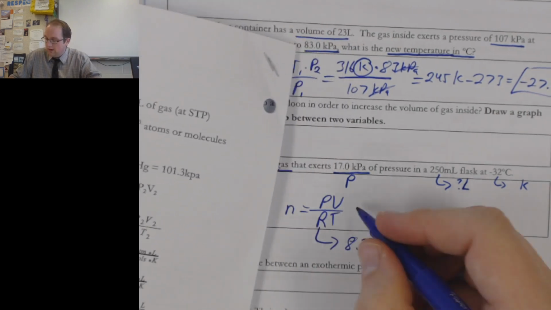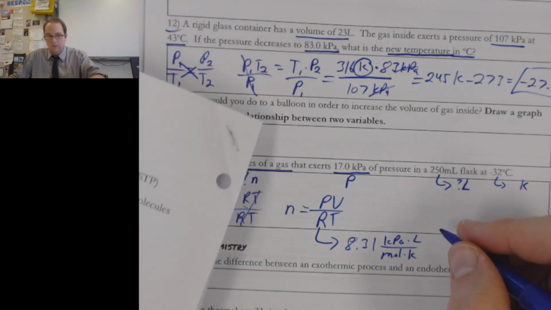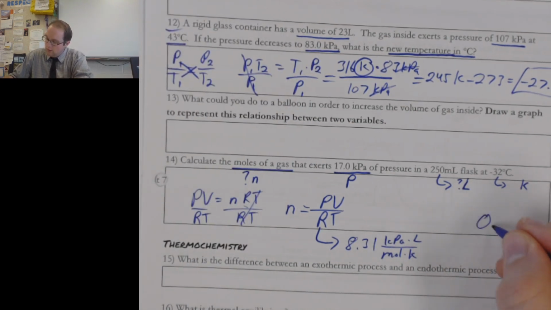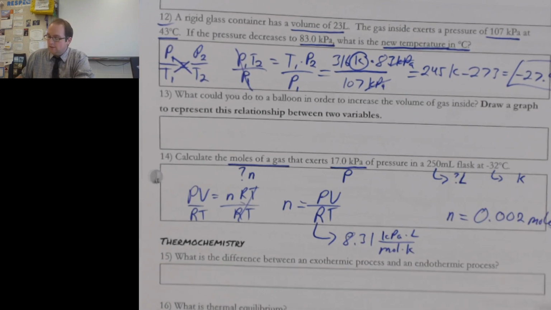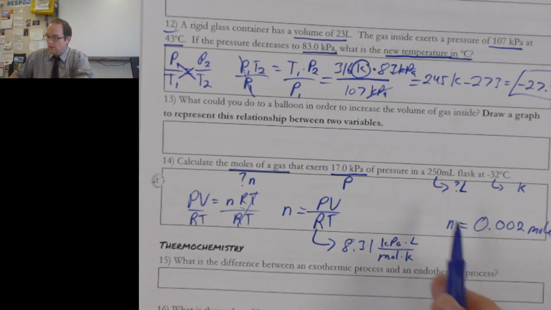So this gets plugged in and you can solve for your N value. You should end up with a correct answer of right around 0.002 moles.